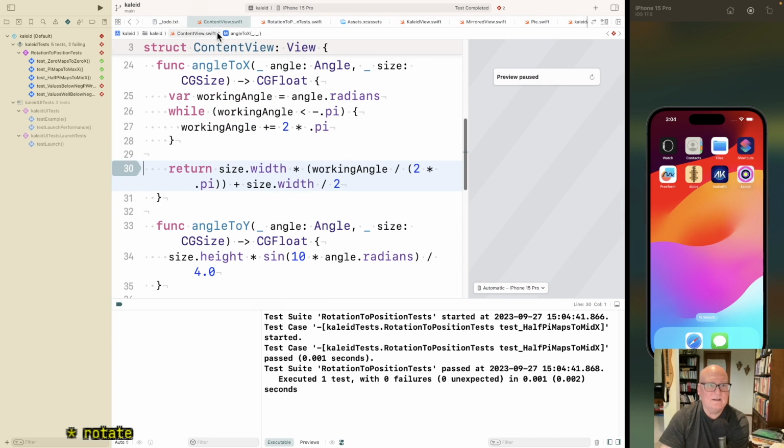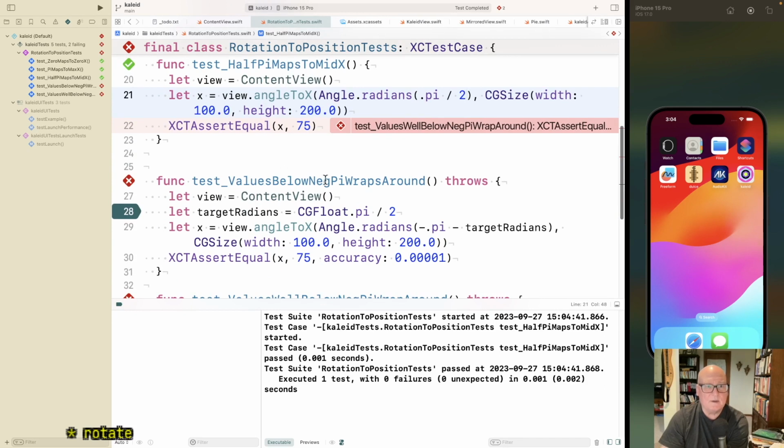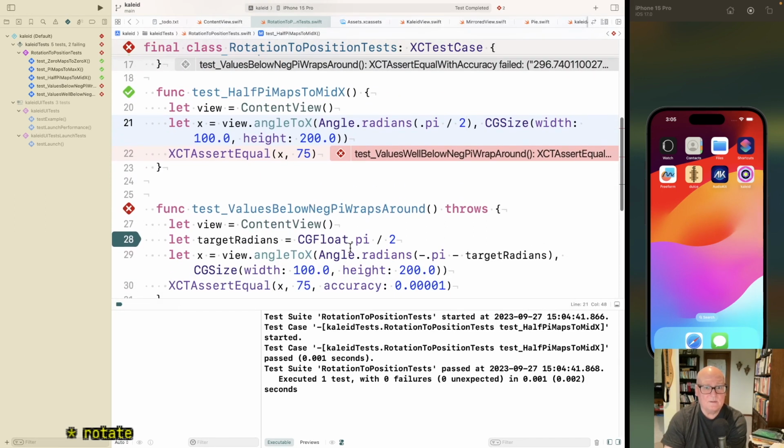Okay. And then the next test, values below negative pi, wrap around. Okay. So this is, well, I'm going to make angle radians pi over 2.